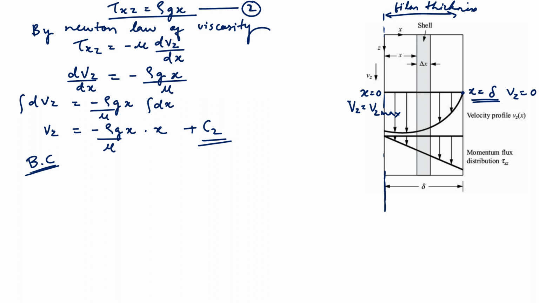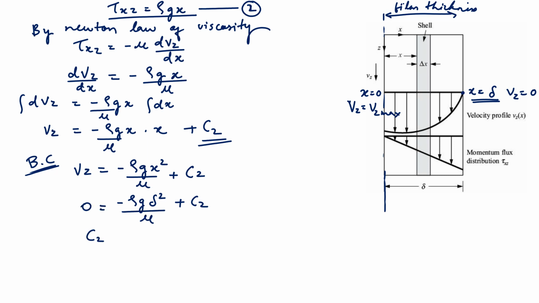So when I put x equals to delta here in vz, what I get, vz equals to 0.